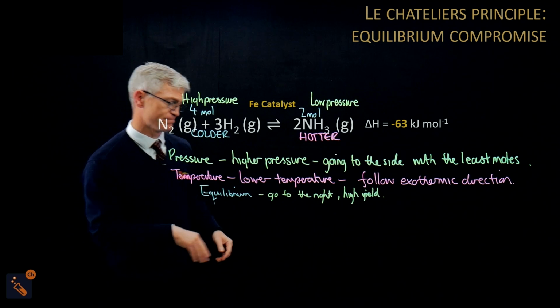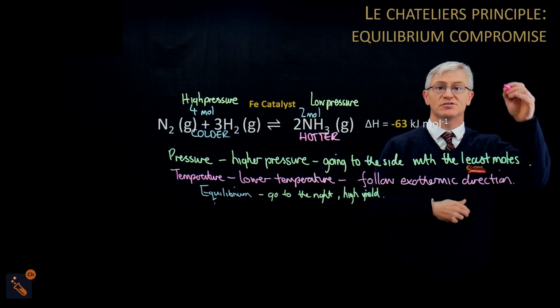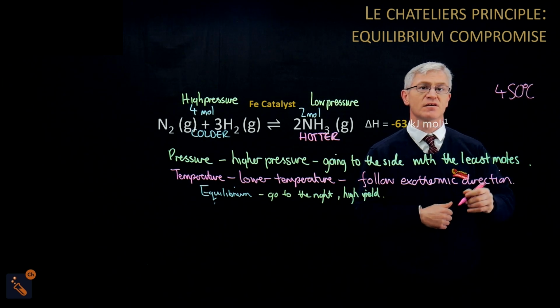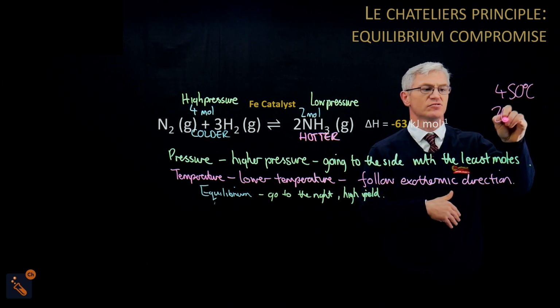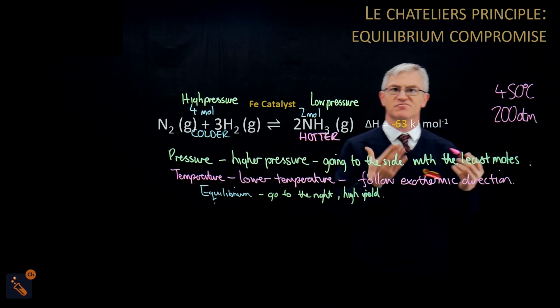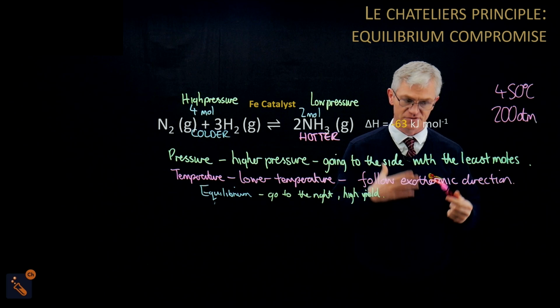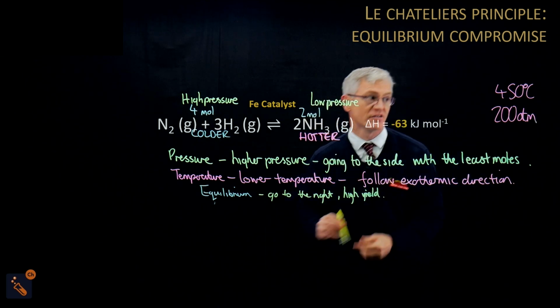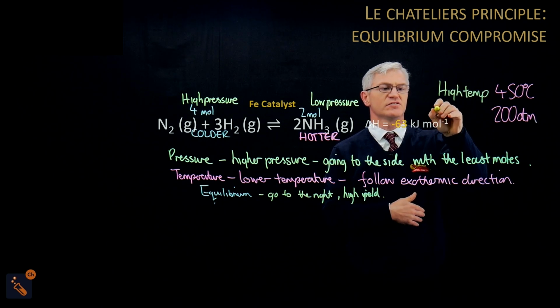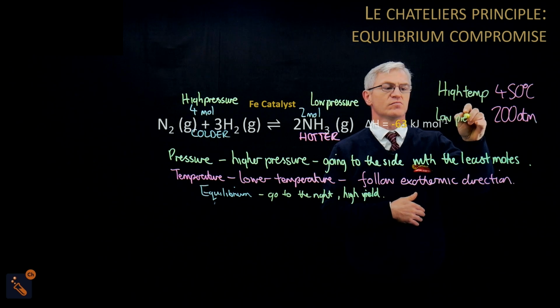Now here's the compromise. So the compromise is this, the actual conditions for this are around 450 degrees Celsius, okay, and they are 200 atmospheres. Now, that doesn't really mean anything, they're just numbers, okay? So, but what if I turned that around and said, that is a relatively high temp, and that is a relatively low pressure.